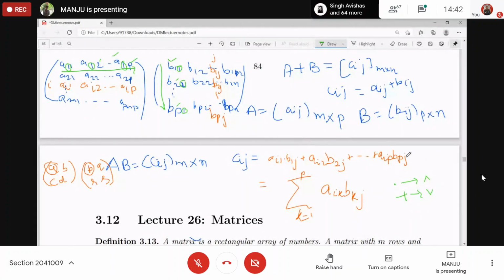Ai1 conjunction B1j, then bracket, disjunction, bracket, because conjunction has more priority.